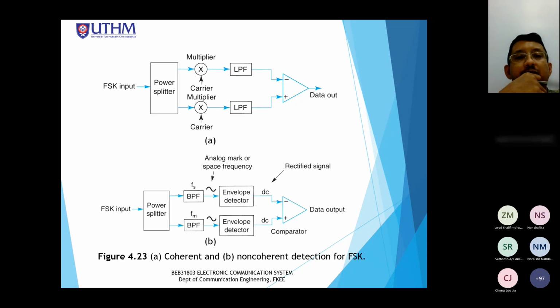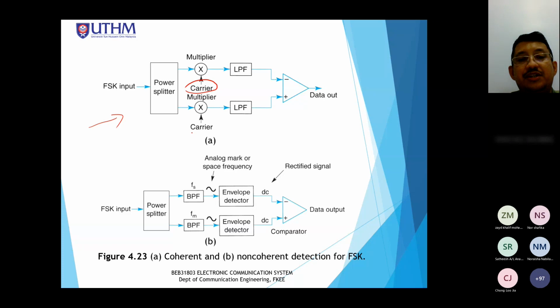And the way we want to generate the FSK, okay, so sorry, this is at the receiver side. At the receiver side, the way we want to do the demodulation, the first one is the coherent detection. Coherent detection means that we have the carrier information which we supplied to the multiplier.